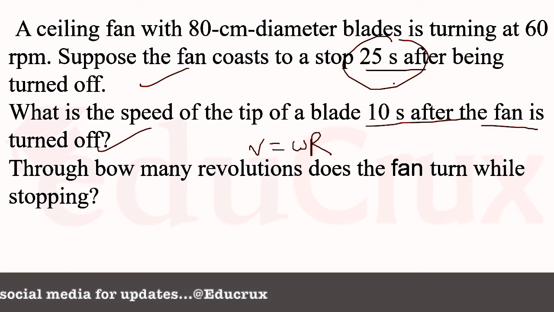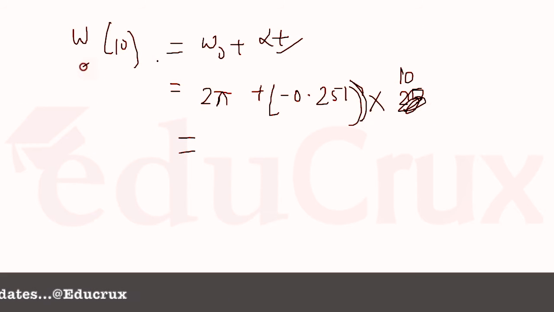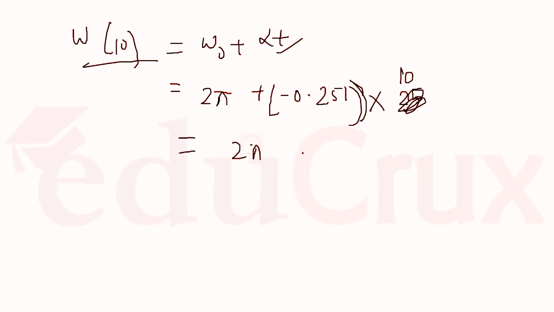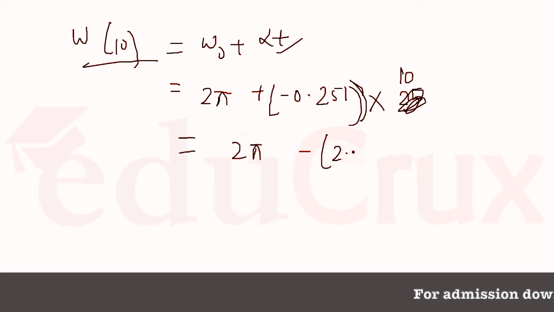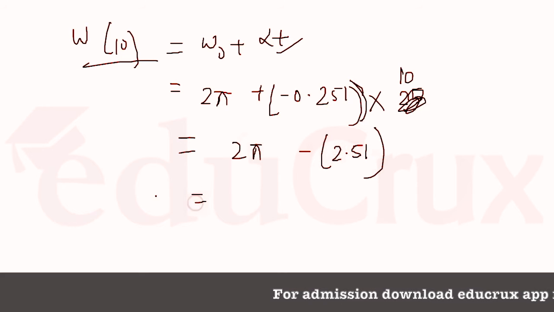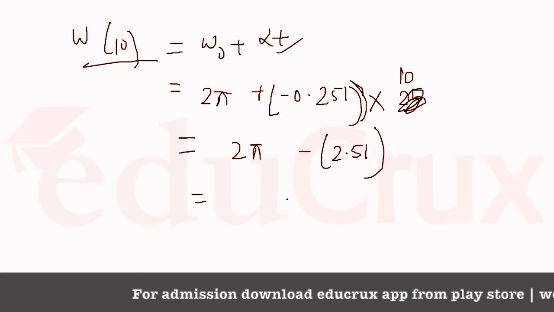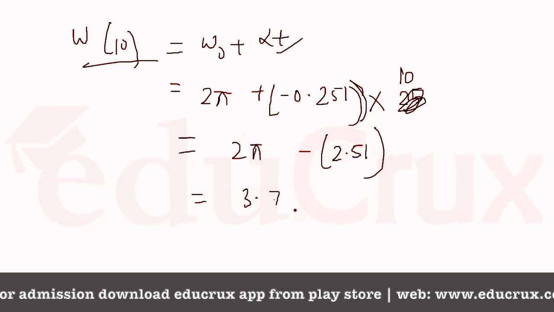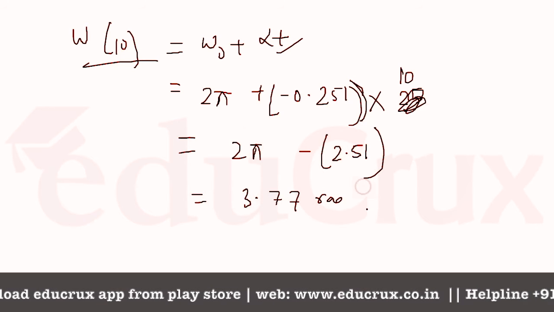In 25 seconds it completely stops, so angular velocity becomes 0. If you put 25 here, the angular velocity will come out to be 0. So after 10 seconds, this is 2 pi minus 2.51, and when we calculate this, we get 3.77 radians per second.